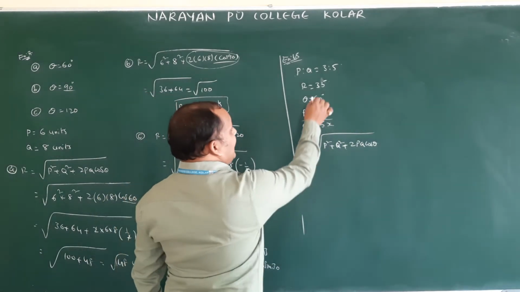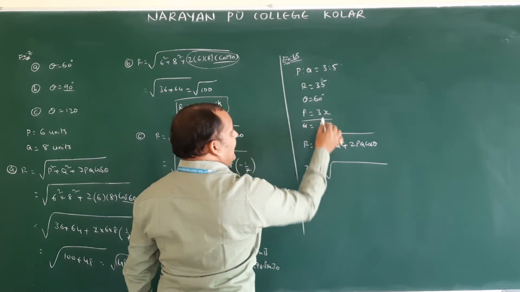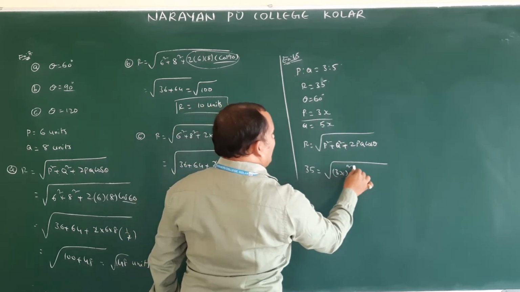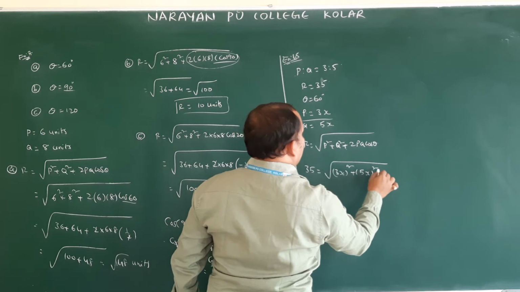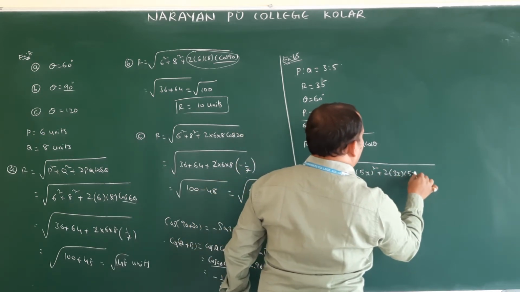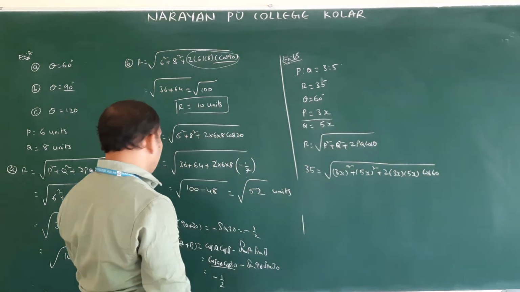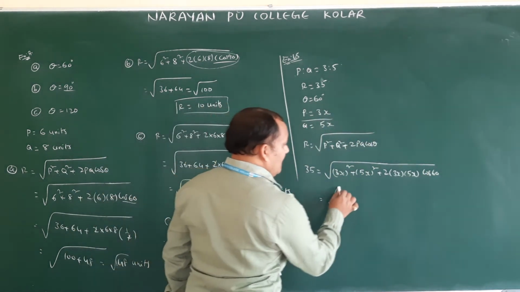So R value, how much they gave? 35. P value 3x square. 3x whole square plus 5x whole square plus 2 into 3x into 5x cos 60. Again cos 60 value is 1 by 2.